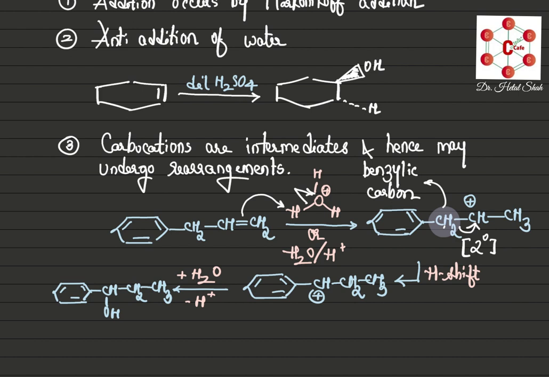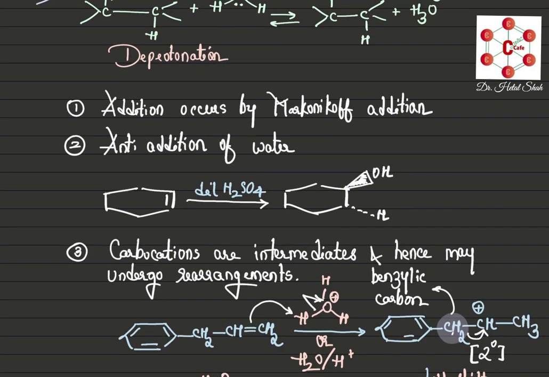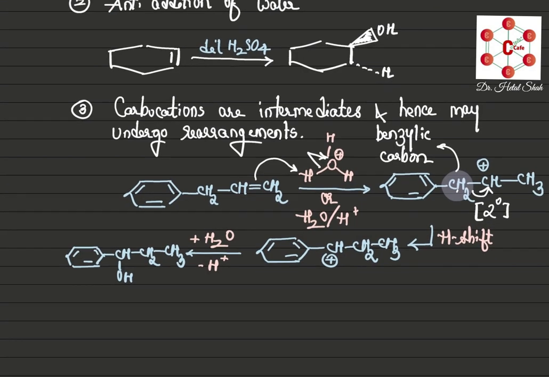And your product, right? Now, there were three important things that you have to know about such reactions. One, addition occurs by Markovnikov. Two, addition is anti. And three, because carbocations are intermediates, there can be rearrangement.